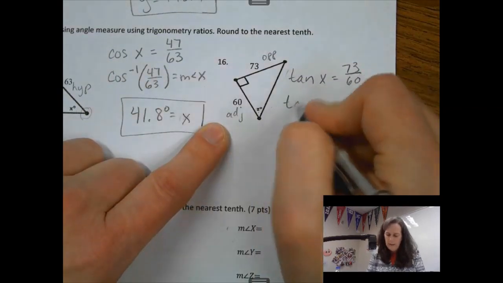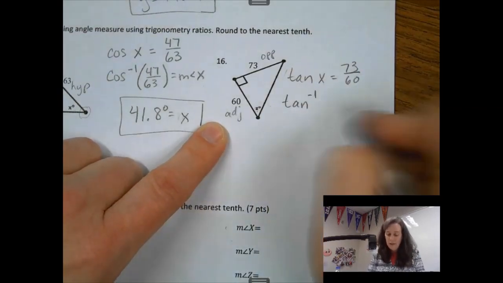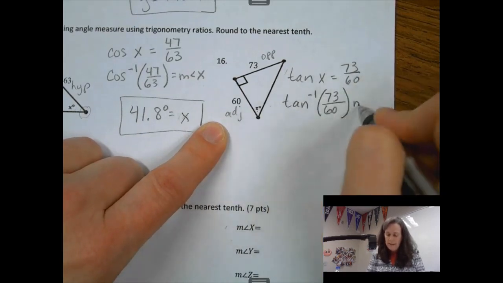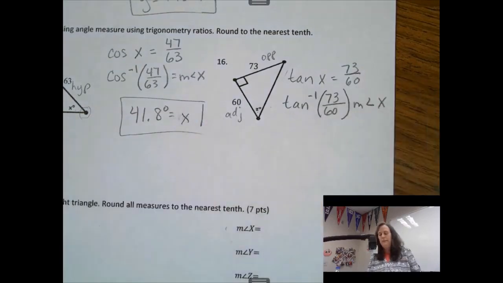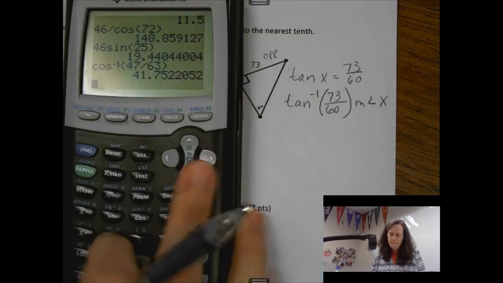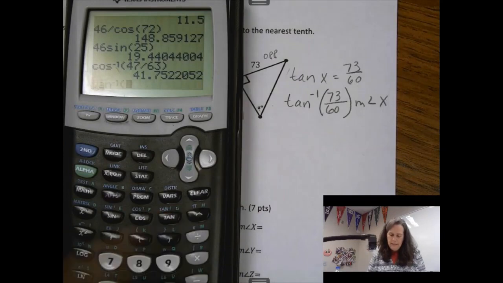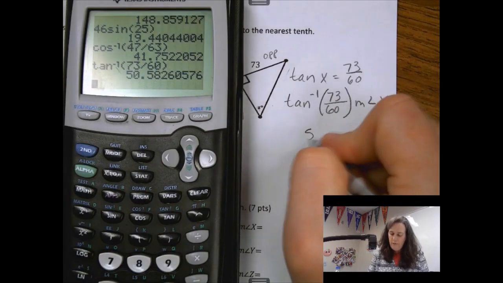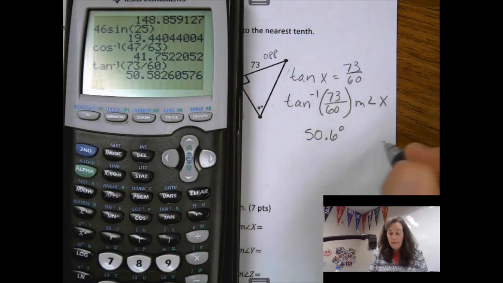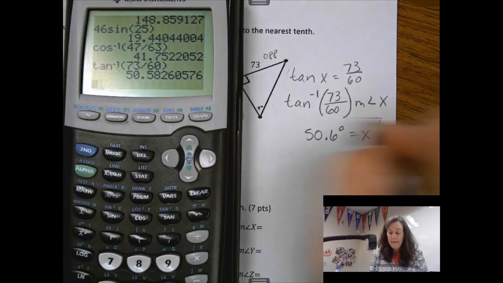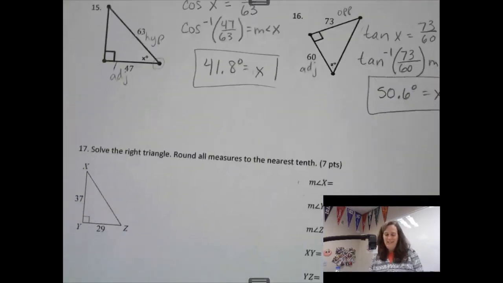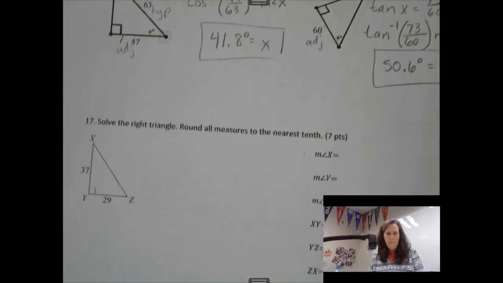So tangent to the negative 1, the inverse of this answer gives us that measure of angle x. Let's throw that in the calculator. Tangent inverse of 73 divided by 60. Did you get 50.6 degrees for that missing angle? Awesome.